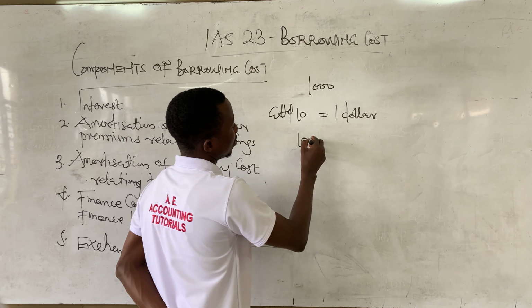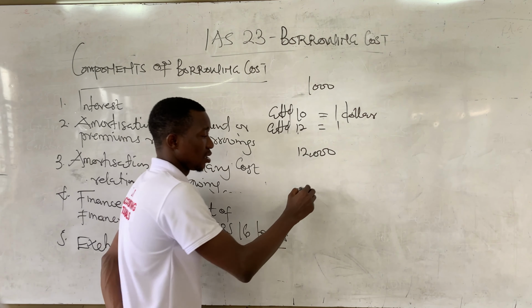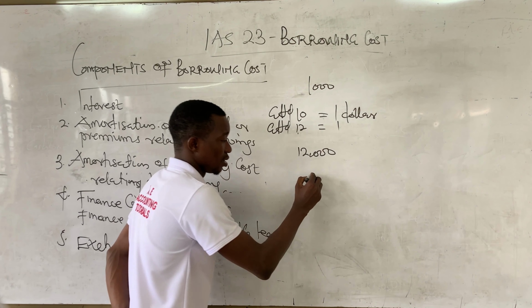Okay, this same concept applies to the interest, meaning that if a business owner needs to pay $1,000 in interest for a loan, at an exchange rate of 10 Ghana cedis, the business owner will pay 10,000, but if the exchange rate has changed to 12 cedis, the interest that will be paid will increase to 12,000.